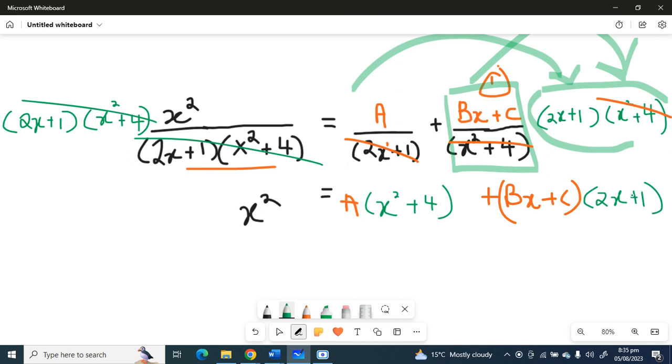So the first thing we have to do is expand these expressions. So we're going to say a times x squared. What is a times x squared?